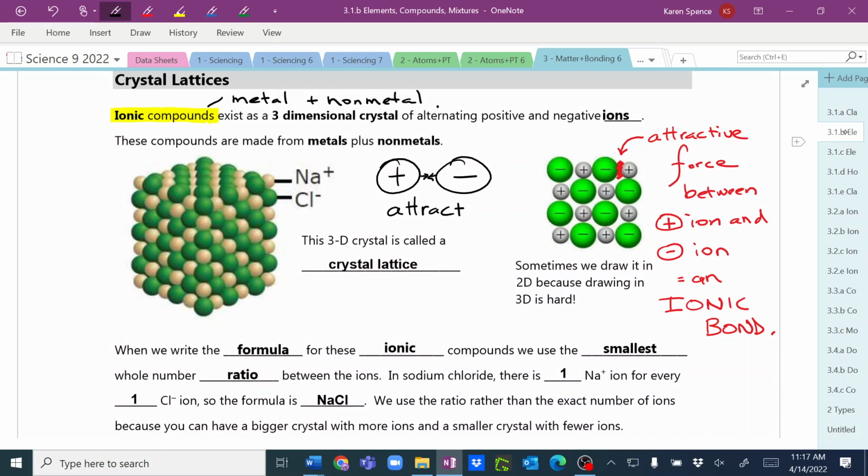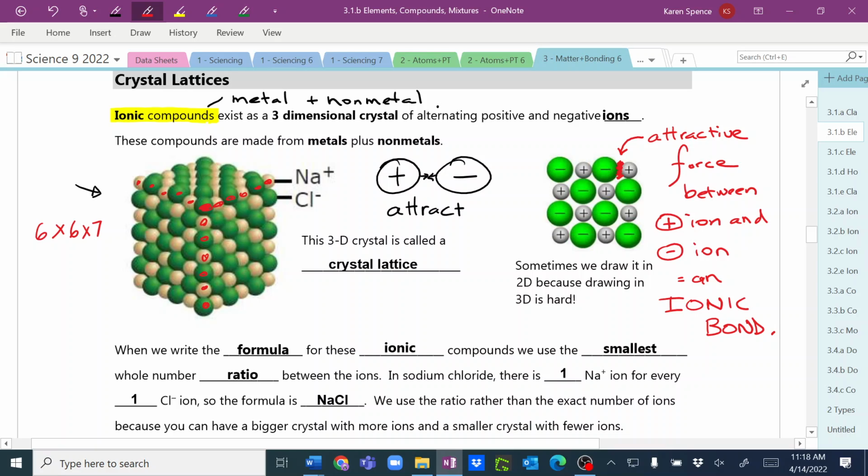Now, if I have this crystal right here, how many ions are in that? Well, we can make an approximation, or actually, we can count them. Across here, we have 1, 2, 3, 4, 5, 6. So I have 6 by 6 by 7.